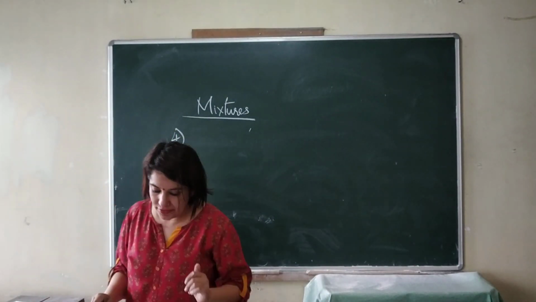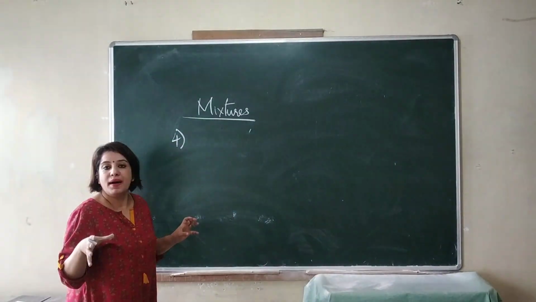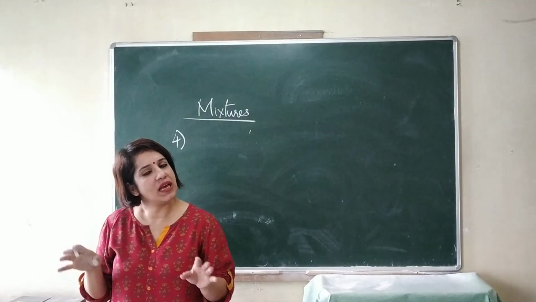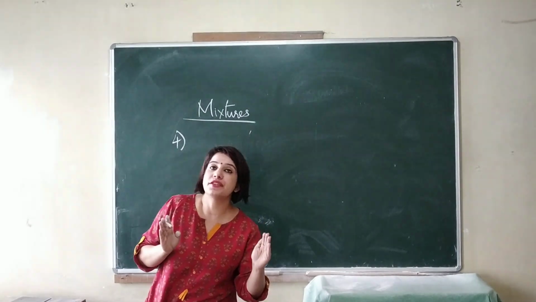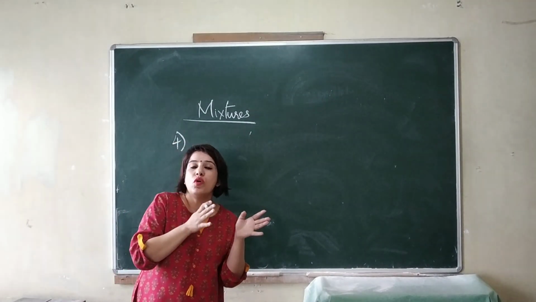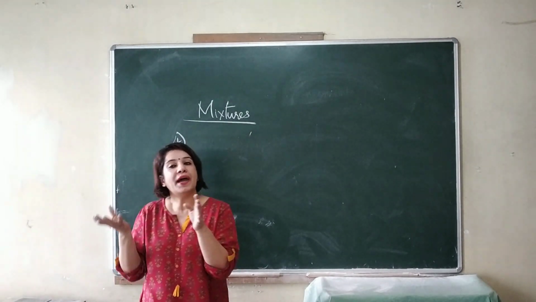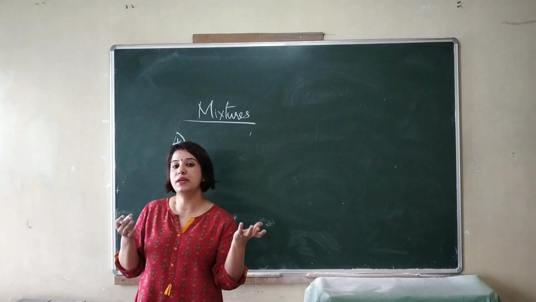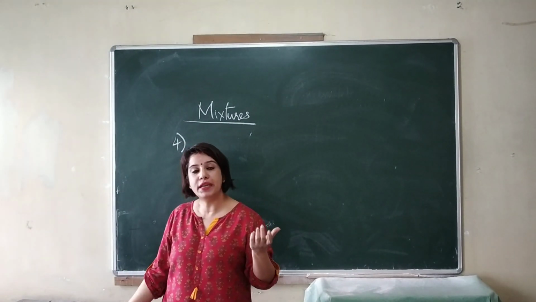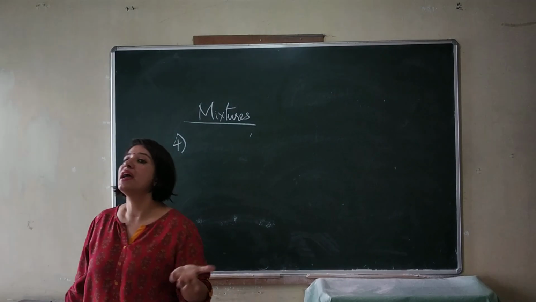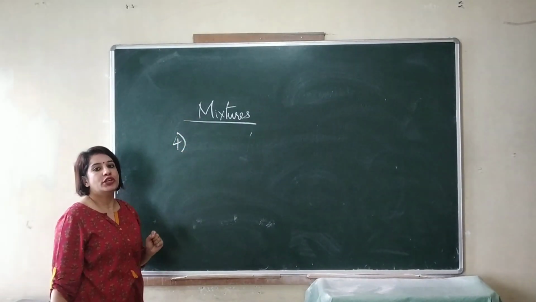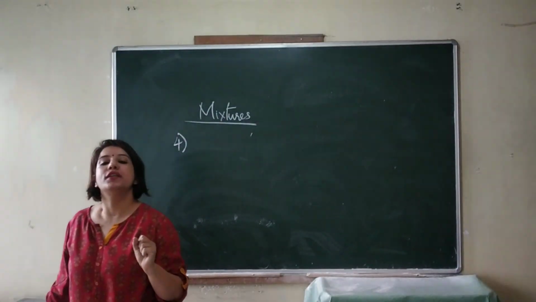The next characteristic: in a compound, I told you the characteristics of the elements are completely different from the characteristics of its compound. I gave you the example of hydrogen and water, oxygen and water. Hydrogen burns. Water does not burn. Oxygen supports burning. Water does not support burning, though it contains hydrogen and oxygen. But in a mixture, the characteristics do not change.